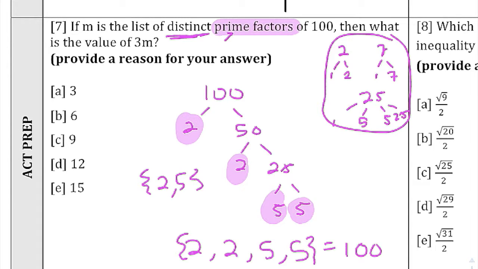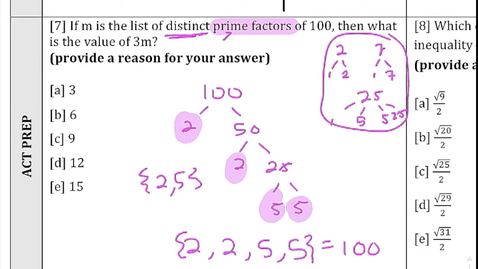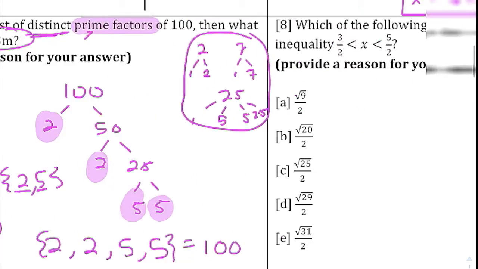And then the question is asking, what is the value of 3m? We can see this set has 2 elements, a 2 and a 5. So 3m would be the same as 3 times 2, which makes the answer 6.